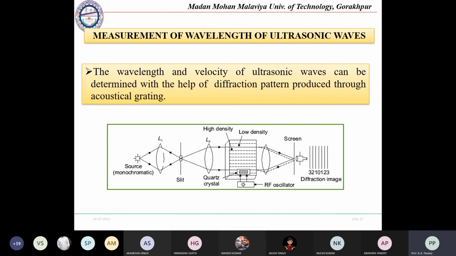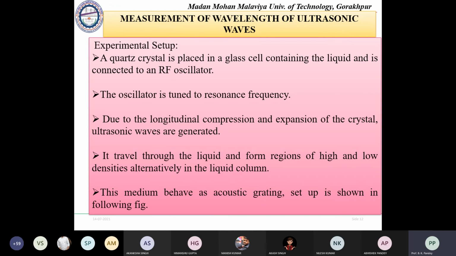Obviously, it has a dimension according to the wavelength of the ultrasonic waves. And lambda, the wavelength of the monochromatic light, is known to us because we have chosen that source of light ourselves. So according to that, we can calculate this.